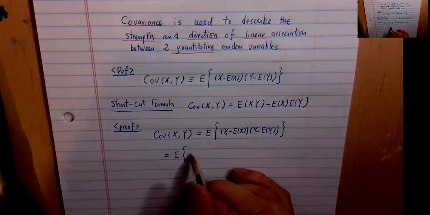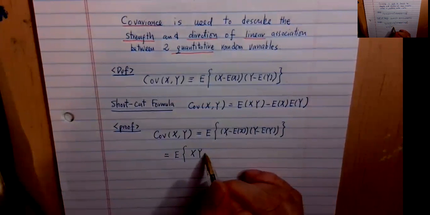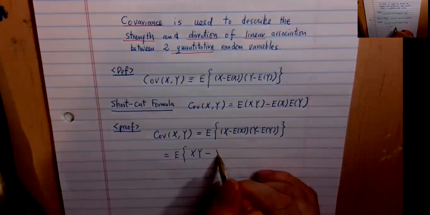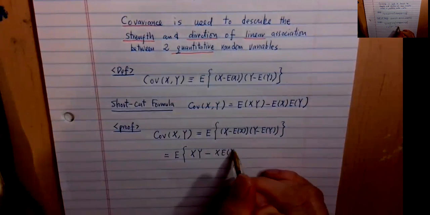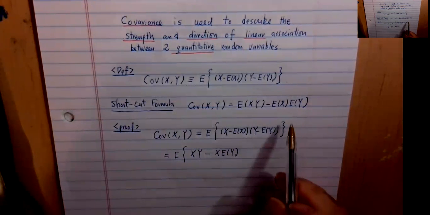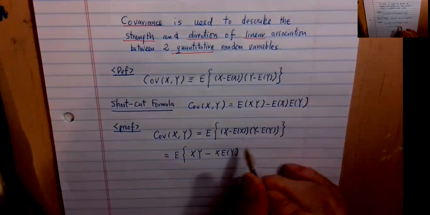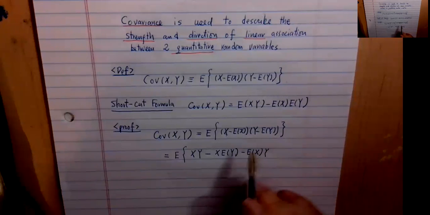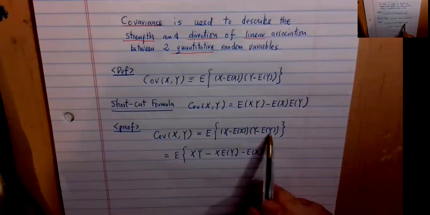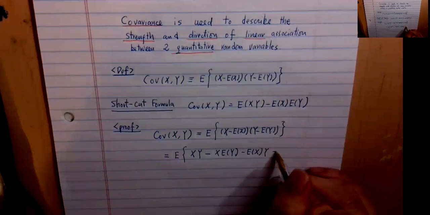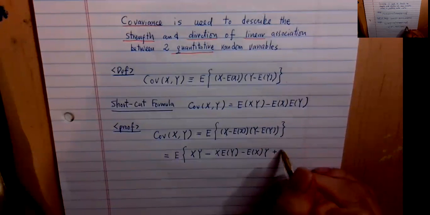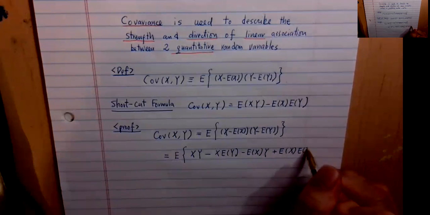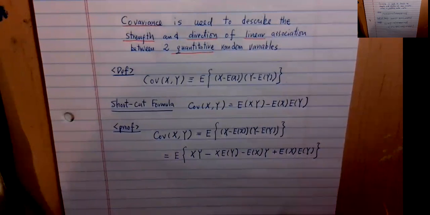X times Y, and then subtract by X times EY. And then minus EX times Y. And minus EX times minus EY. Minus minus gives you a positive term, EX times EY, okay?